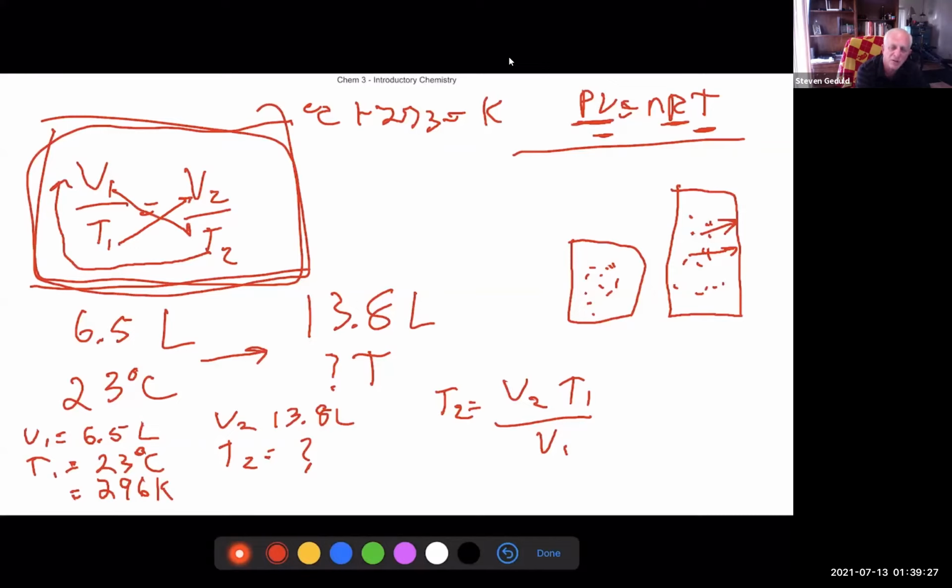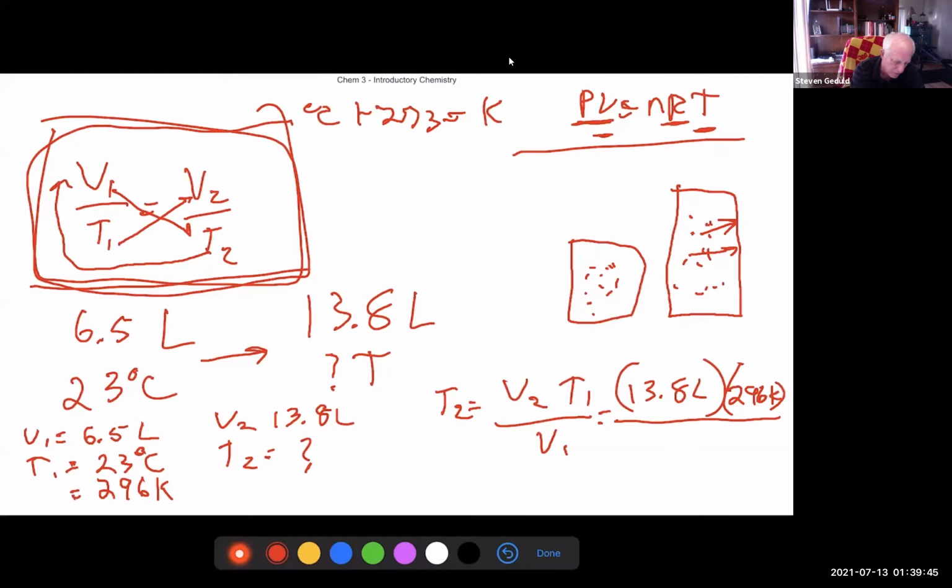Just rearrange it algebraically. Okay. So volume 2 is equal to 13.8 liters, T1 is 296 Kelvin, and V1 was our initial volume of 6.5 liters. And then do the math.